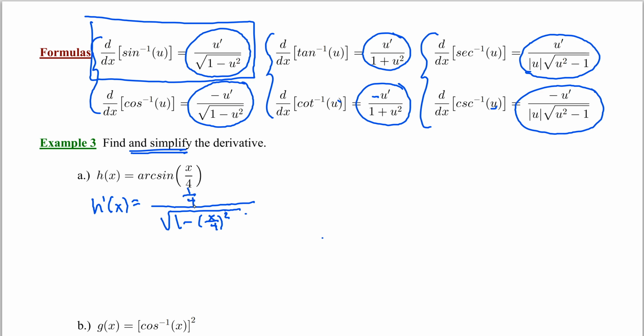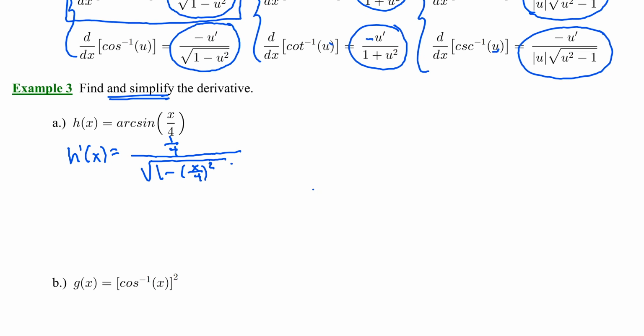The rest is simply going to be algebra, and this sometimes is the most involved part of the problem. We need to simplify this complex fraction. So I'm going to begin by squaring that element under the radical in the denominator. We have 1 minus x squared over 16. Then let's go ahead and get a common denominator of 16.